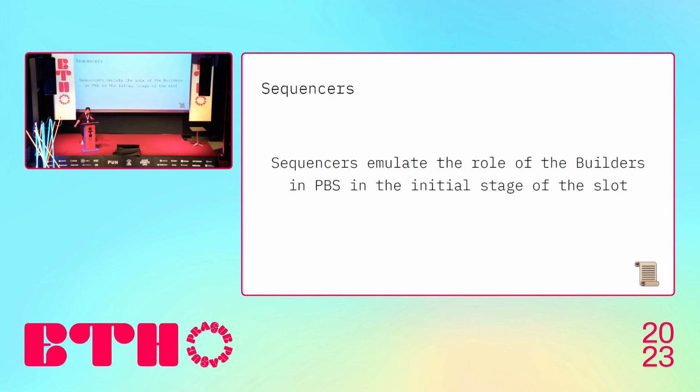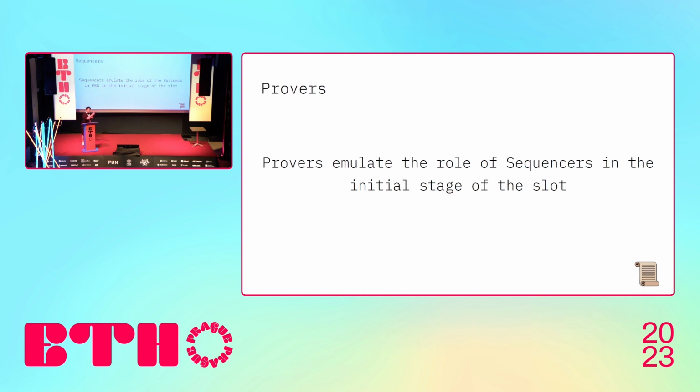So a sequencer would emulate the role of the builders in PBS in the initial stage of the slot. So they would pick up some transactions, construct blocks in a way where they extract optimal value, compete in an auction where the prover selects the block with the highest pay, et cetera, et cetera. So the same logic, basically.